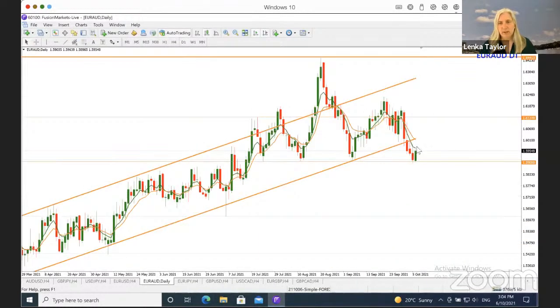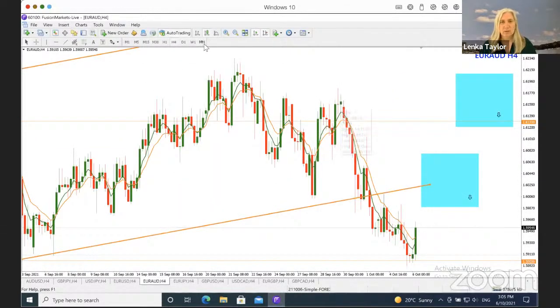So on the daily, we're back at the bottom here. So if it comes back up to retest the bottom of that channel there, then I would look for short from then. If there is no reversal, then I would wait for the next level or all the way at the top. So let's see how that looks.